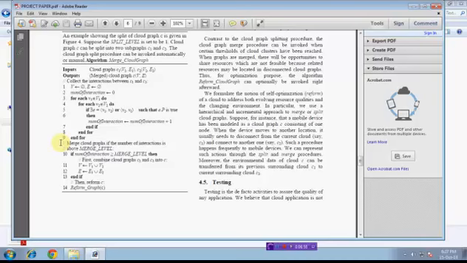In our merge algorithm, you give the input for C1 and C2, that is, the two split graphs, which means separate graphs. You give the input for the two separate graphs and merge them into a single graph, that is the input, and get the output. Here we collect the interaction between C1 and C2.